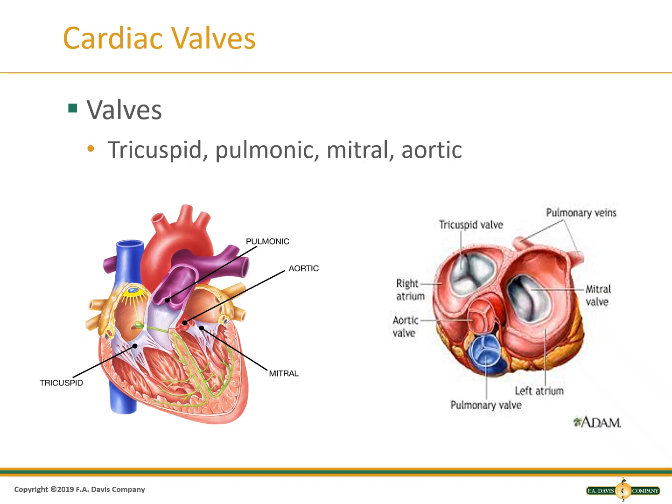You have the tricuspid, right. So this is the valve on the right hand side of the heart. It's considered an atrioventricular valve because it is between your right atrium and your right ventricle. So the purpose of this tricuspid valve is to open up and allow blood to flow from the right atrium into the right ventricle.